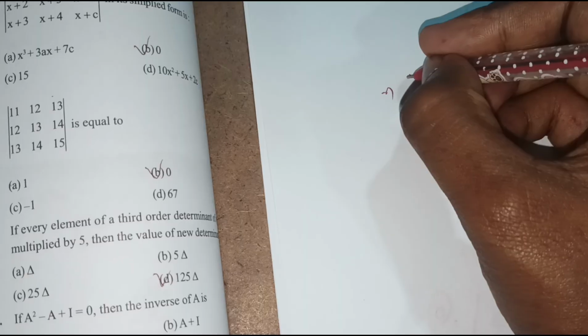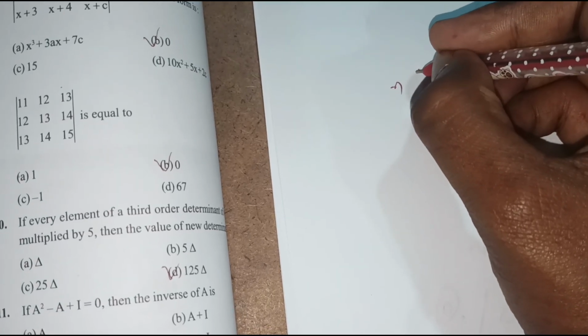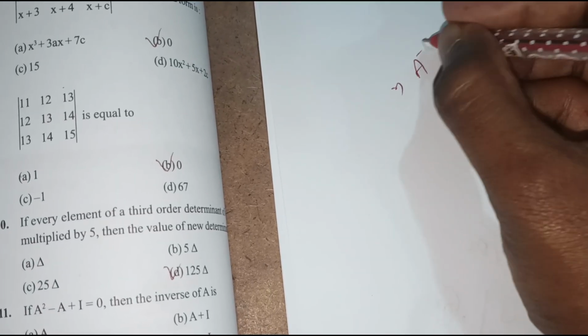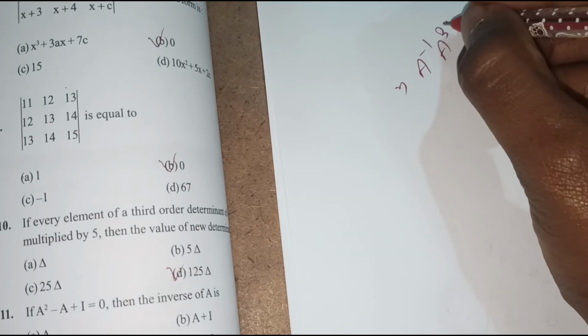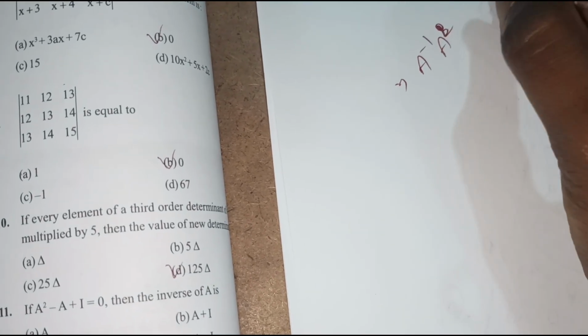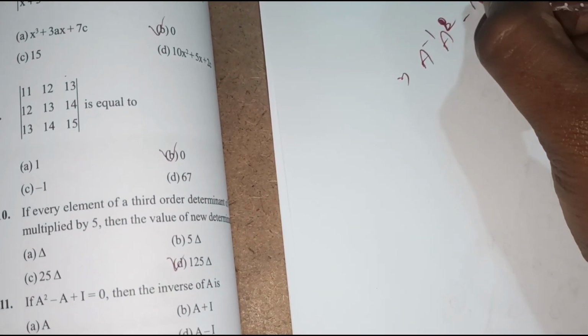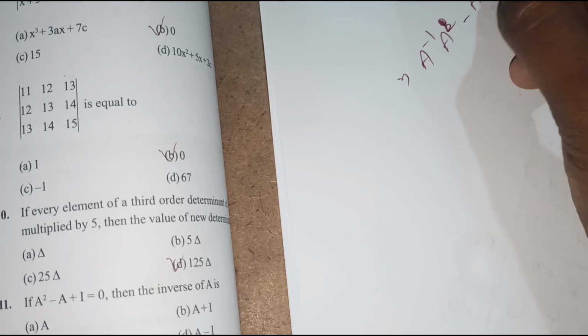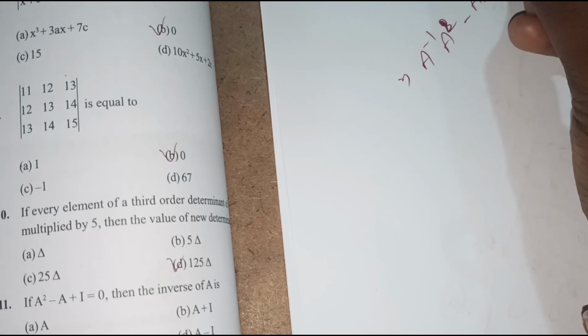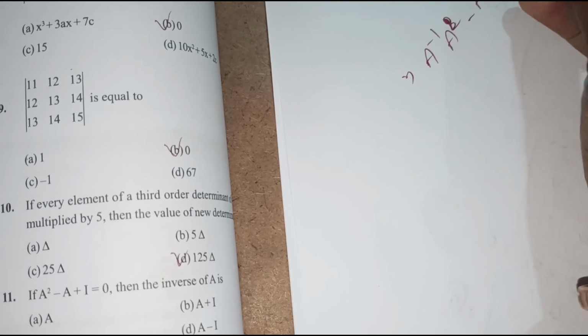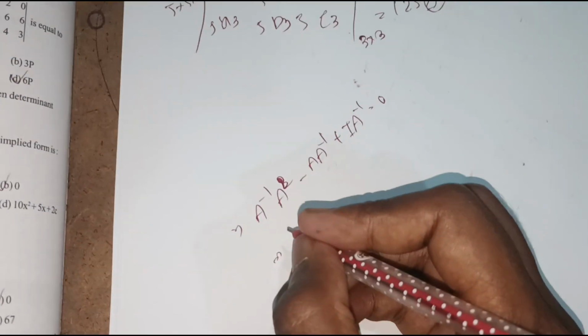So here we will multiply by a inverse throughout. A square into a inverse is what here? A. A into a inverse is what here? I. So let's understand this easily.